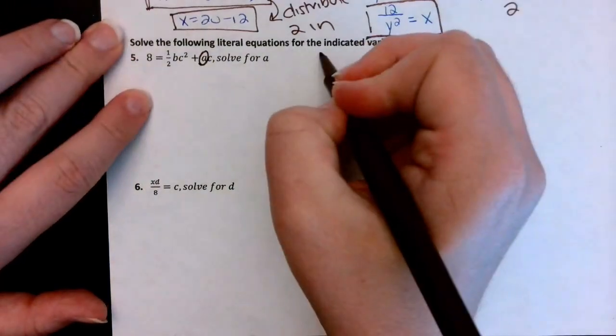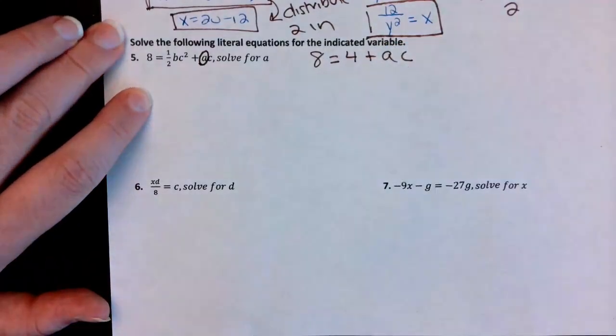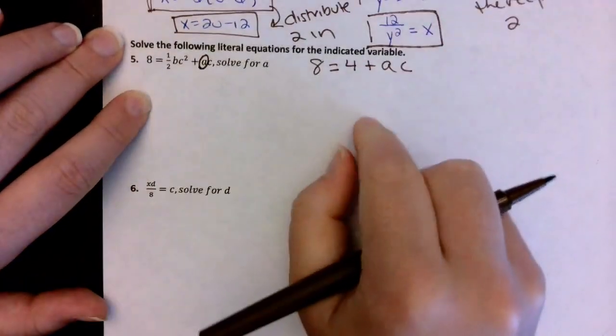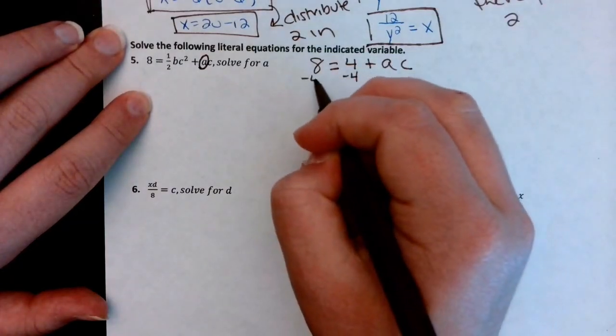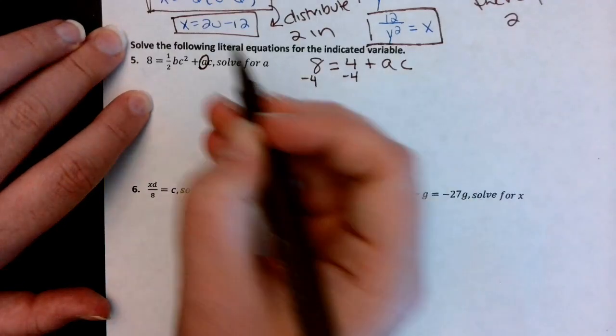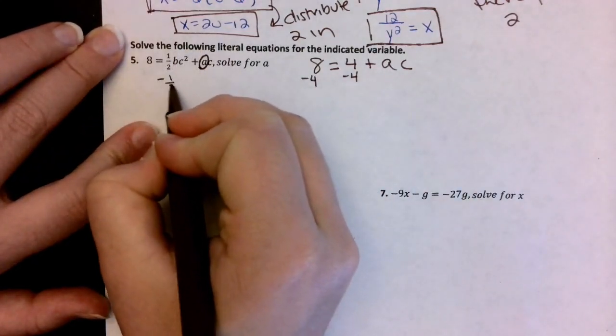Okay, let's pretend this said 8 equals 4 plus ac, and I wanted to get a alone. The first thing, just like up top here, I would have subtracted the 4 to the other side. So here, this entire part, I can subtract over.